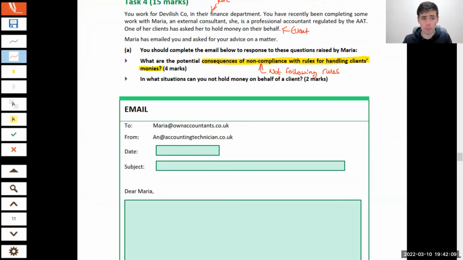When it says non-compliant, it simply means that I'm not following the rules. You could just rephrase this yourself. What are the consequences of not following the rules in regards to handling money for clients? Sounds a lot more straightforward, doesn't it? What a waffle. And the next one, okay, situations I can't hold money on behalf of a client. So we know the sort of angle we need to take here.